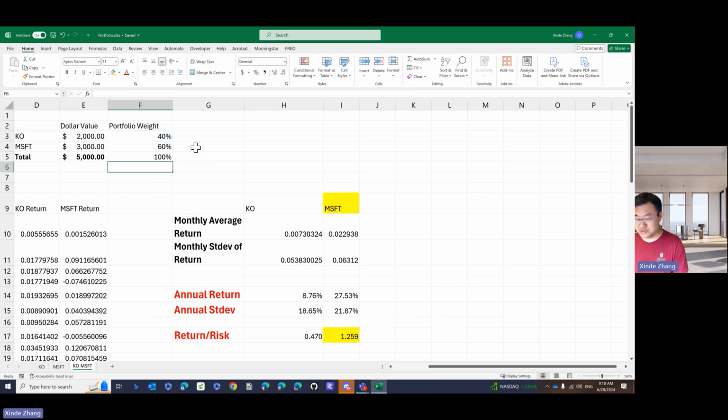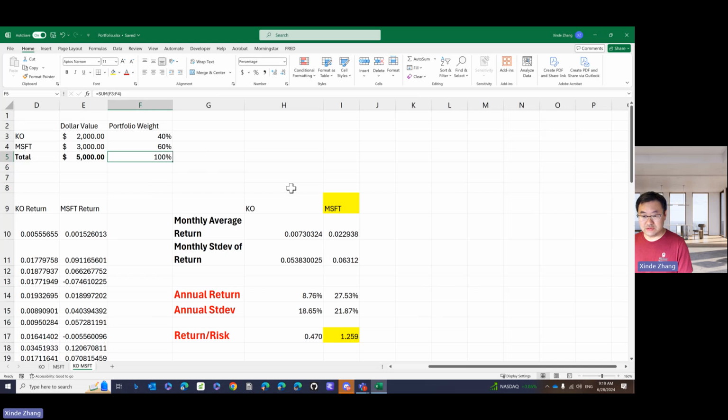Okay, where were we? So we have 100% of the money invested in Coca-Cola and Microsoft.